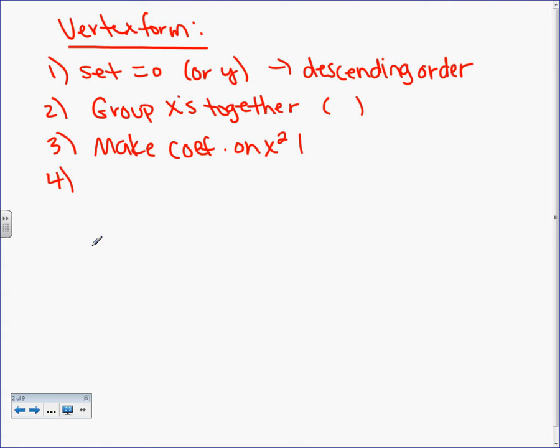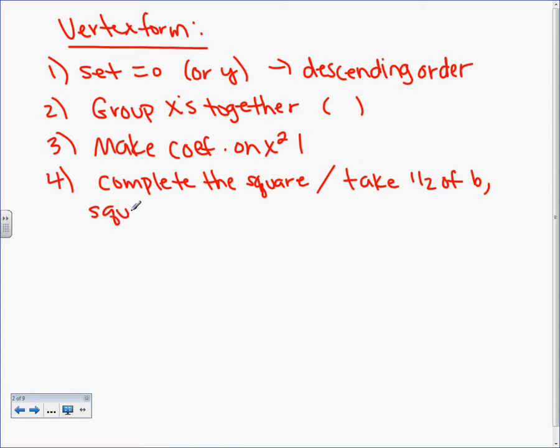Step 4. This is where you actually complete the square. You learned this in Algebra 1. You probably don't remember it, but I'll show you how to do it. To do it, you take half of b, square it, and add to the parentheses.